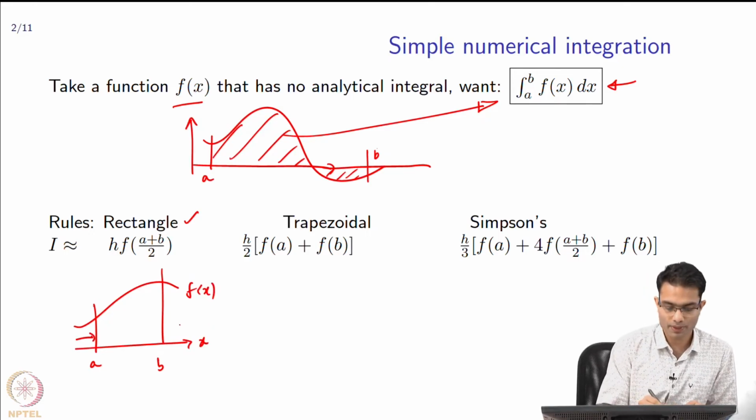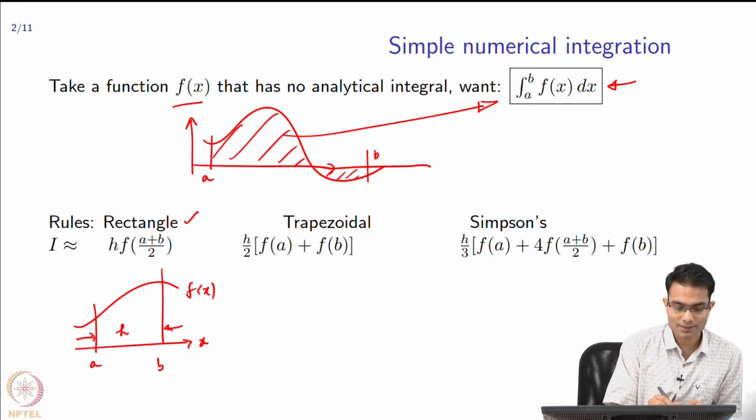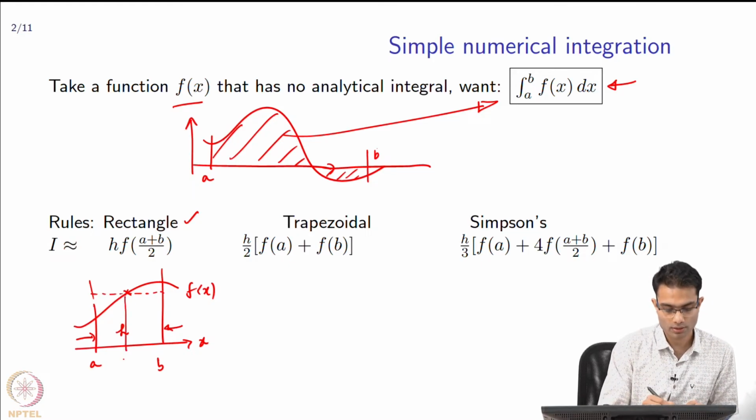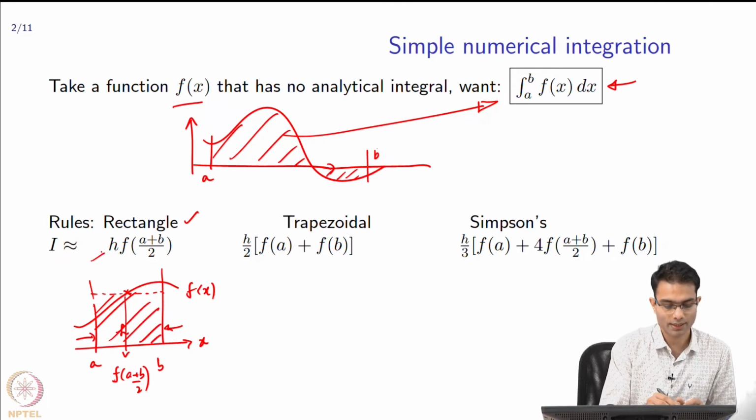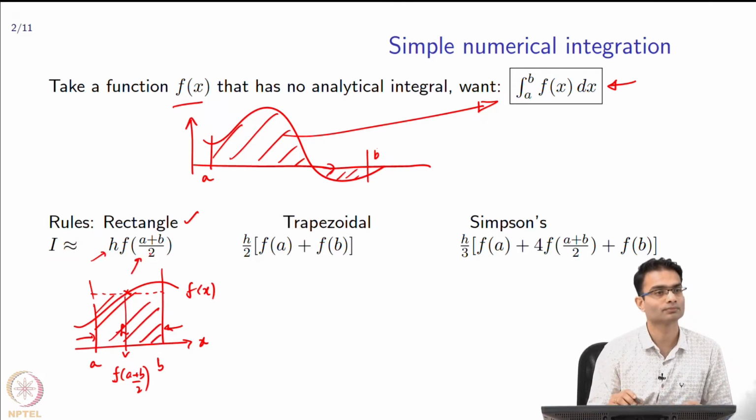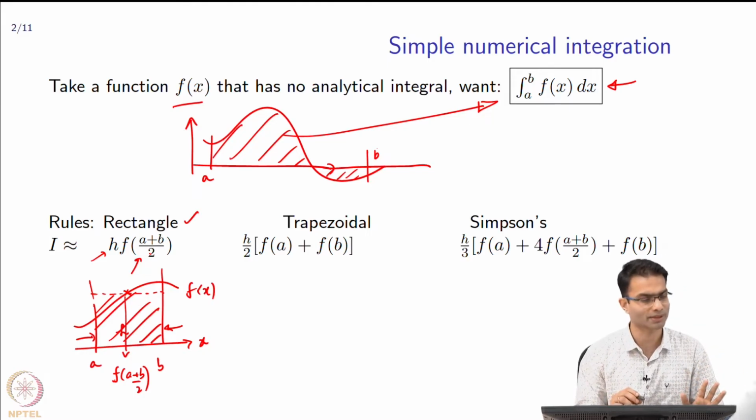If this gap between a and b I denote as h, I replace this by one single value over here, that is the midpoint, f of a plus b by 2, and approximate this integral by the area of this rectangle. So, that is my length into width. Hopefully, everyone has seen this before. This is as simple as it gets.